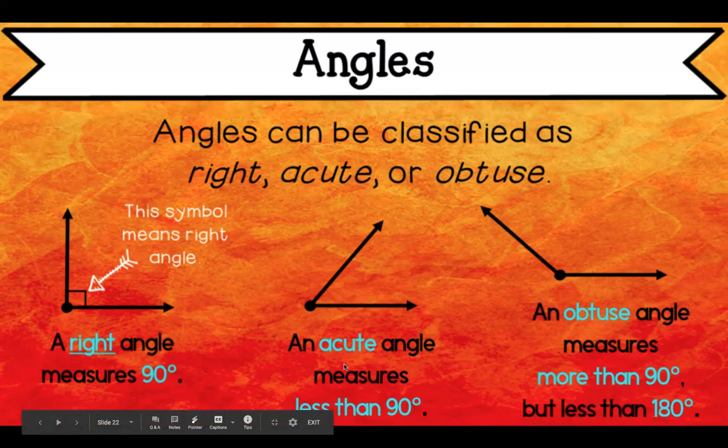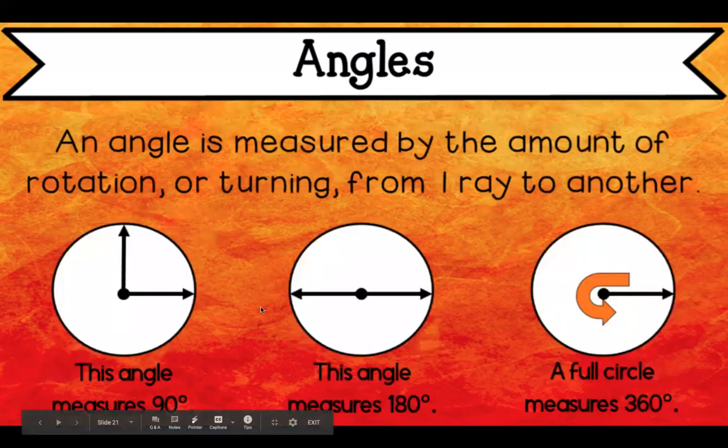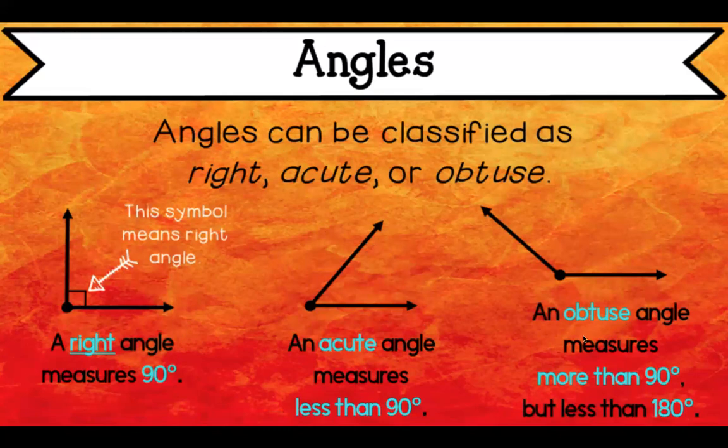Now, an obtuse, I always think like obese, big. Obtuse means that it's going to be bigger than 90 degrees. But remember that straight line that was 180 degrees right here? The middle circle, from one end to another, a half circle. An obtuse angle measures more than 90, but less than 180.